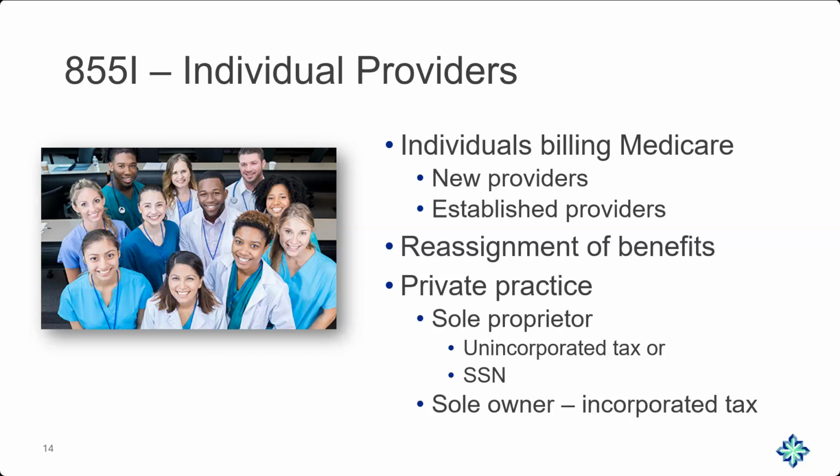That's what we refer to as a sole owner. And in that instance, we would set up a clinic and them as the sole owner as a reassignment. But these are going to be providers that are separate from, say, a larger health system. Oftentimes, the names can vary, but oftentimes the provider's name is the name of their practice. That's usually a big tip off, but that's what we're looking for there.